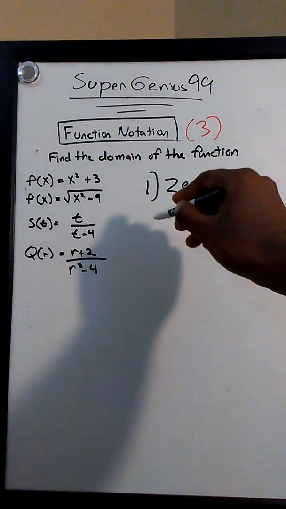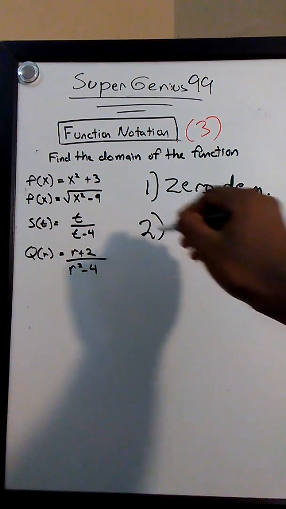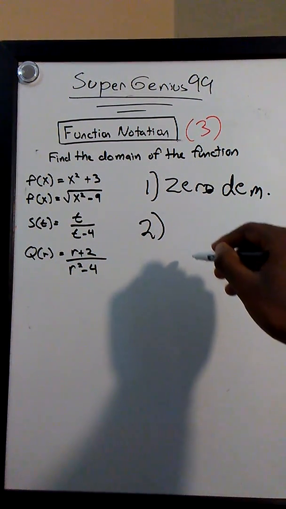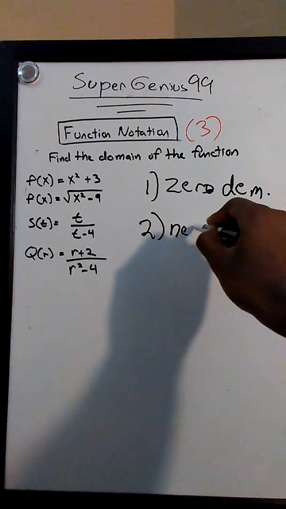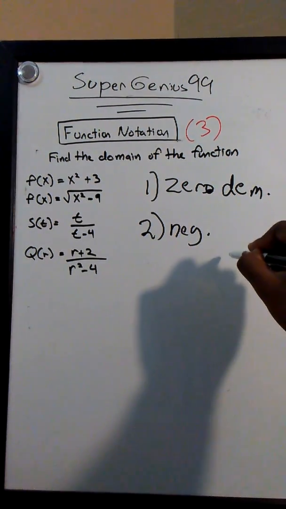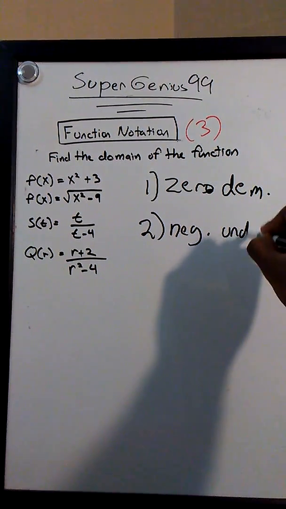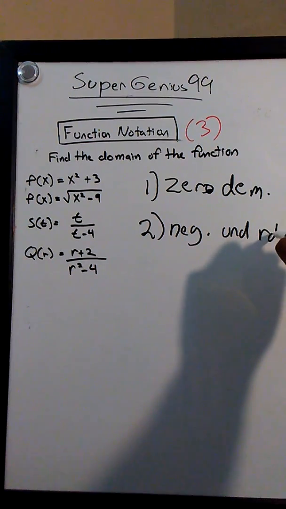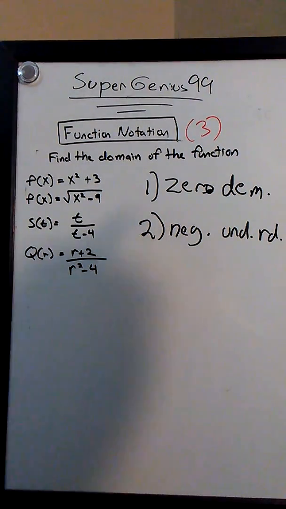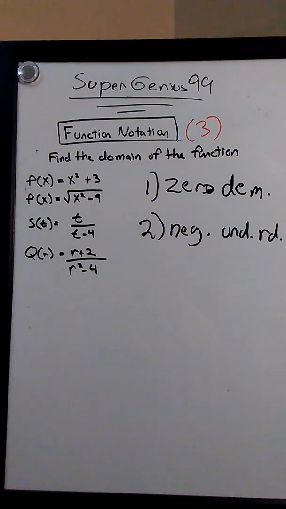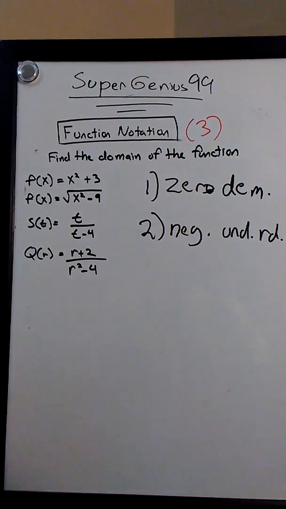And the second one, this isn't the only one, but these are primary, is a negative under a radical. So those are the two primary things that we want to look out for.